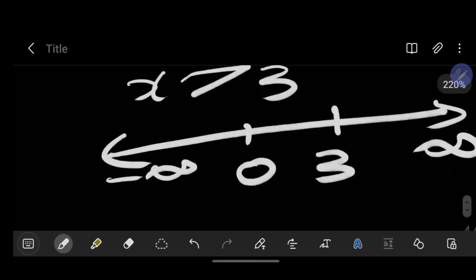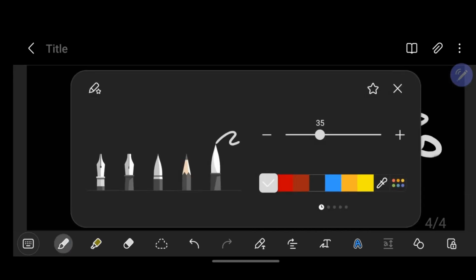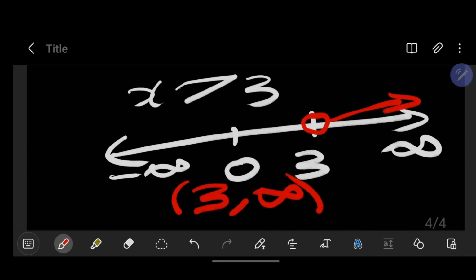Now the inequality says x is greater than 3, meaning x is going to be a round circle, so we're not including 3, and we're moving all the way to infinity. So if we were to write this in interval notation, because 3 is not included, we're going to have a round bracket, then 3 comma infinity round bracket.